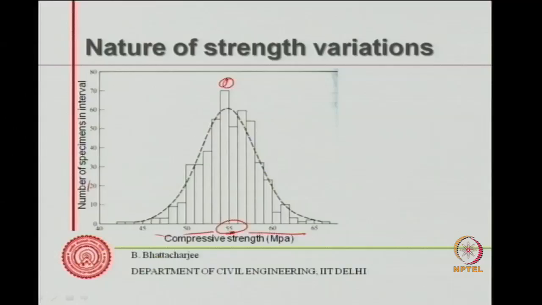That means it will exhibit a bell-shaped curve as shown here. The strength, although I want it to be 55, will actually vary from 43 to 67, and therefore there is a range over which it varies.